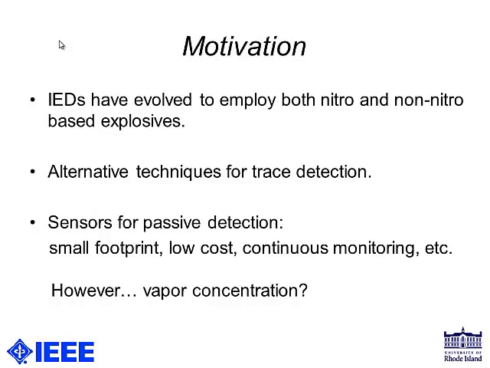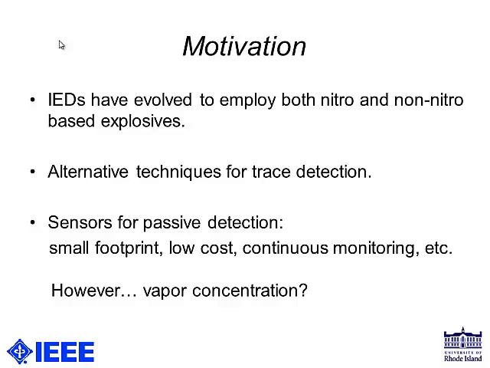So nowadays, explosive detection has drawn lots of attention from many research groups, and several detection techniques have been developed for this purpose. However, improvised explosive devices, known as IEDs, have evolved to employ both nitro and non-nitro-based explosives, including peroxide-based explosives.